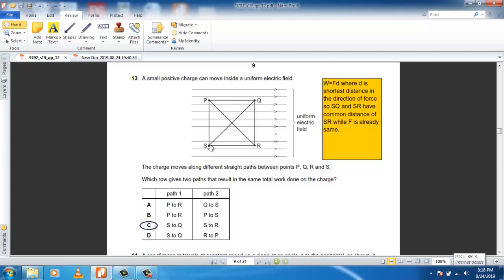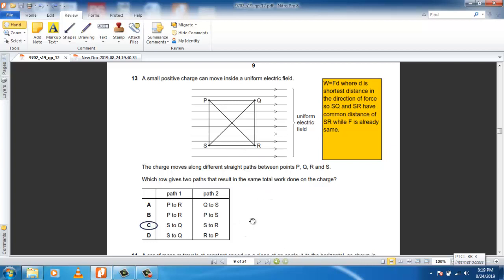C is S to Q and S to R. Yes, the total work done is the same, because the work done S to R is also the work done S to Q, because in moving from S to Q, the distance along the field is the distance SR. You should know this because it's d cos theta.